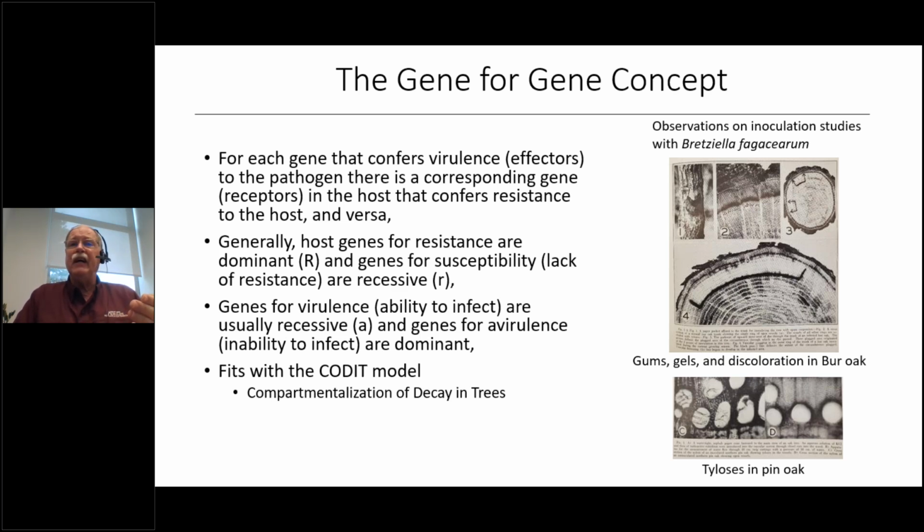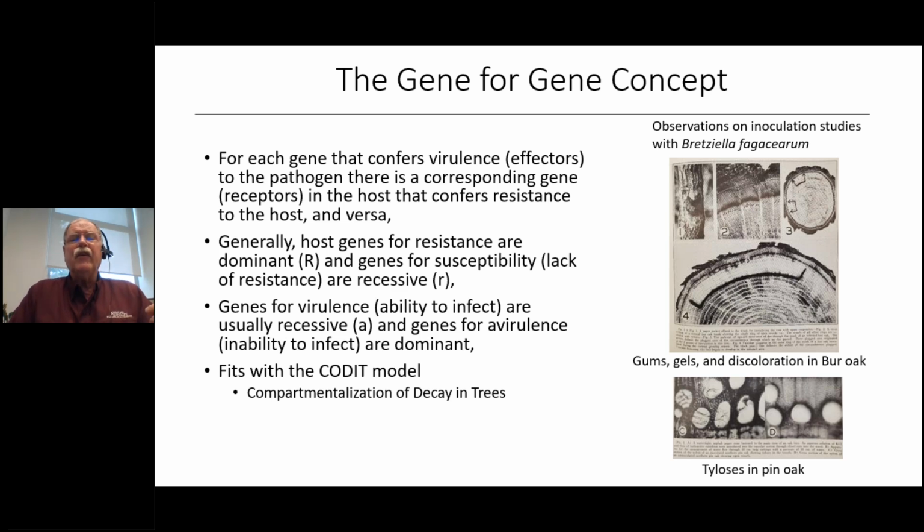And as I said, we know the details about this. We know about the dominance of the resistance genes and the genes for susceptibility, the lack of resistance in the host. We also know about the genes for virulence, the ability to infect in the pathogen, and the genes we call avirulence, inability to infect in the pathogen.